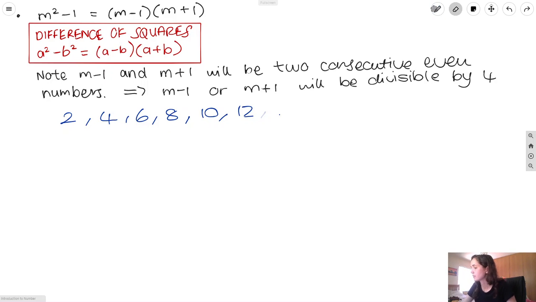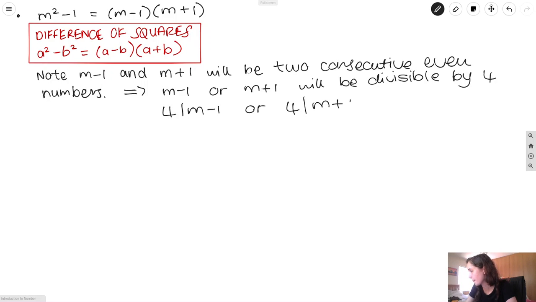So this will then imply that 4 will divide m minus 1, or 4 will divide m plus 1, which implies that 8 divides m minus 1 times m plus 1, since we already know the other one would also have to be divisible by 2.